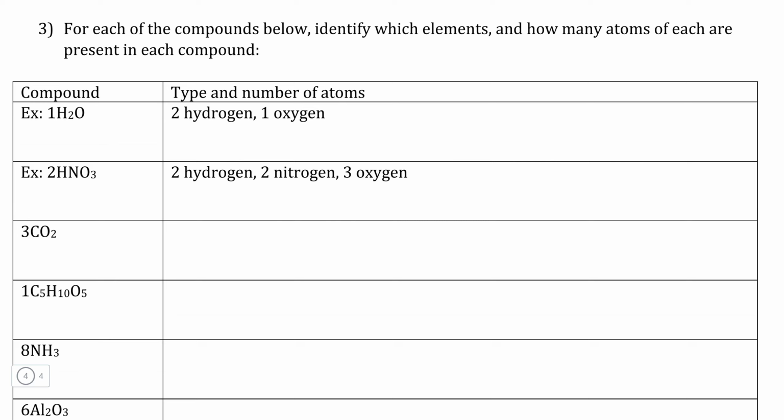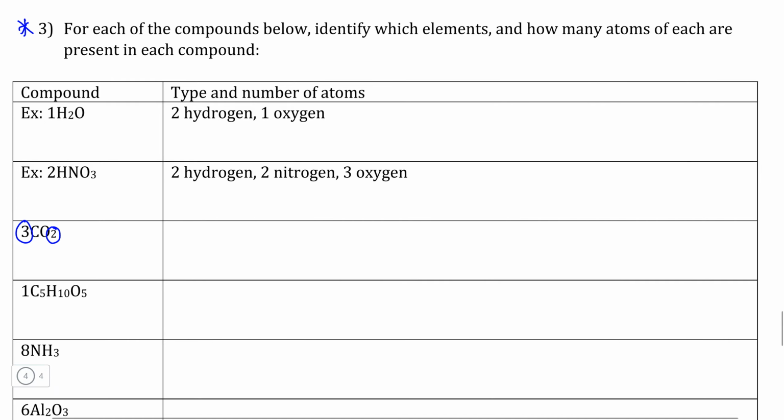If you skip to the practice problems here at number 3, you can take a look at the chemical formulas of each of the compounds listed below, noting both the subscript numbers and the coefficients, and see if you can identify which elements make up the compound and how many individual atoms of each element are needed to make the total number of compounds that we see here.